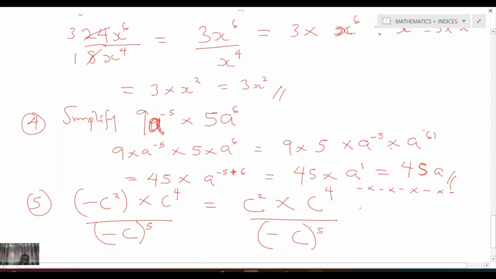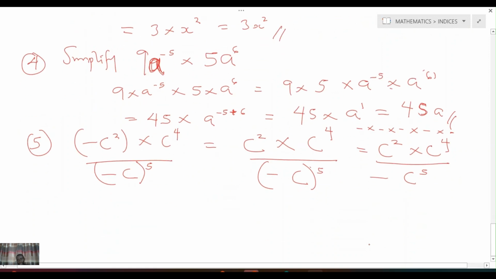Which will be equal to c squared times c raised to power 4 divided by minus c raised to power 5. Okay? And this can be written as minus c raised to power 2 times c raised to power 4 divided by c raised to power 5.